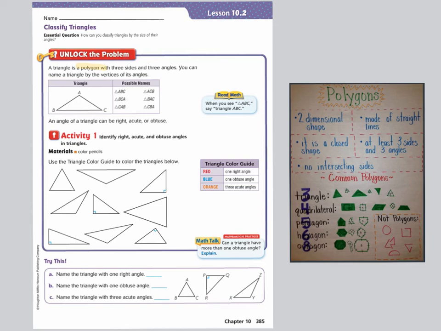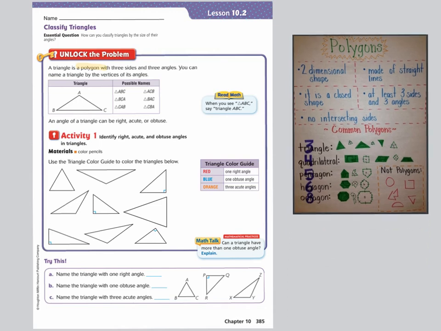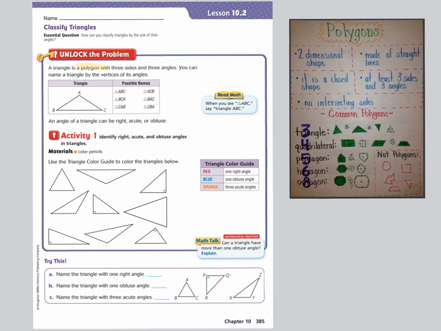I pulled this anchor chart because I thought it listed some good examples, and then it has a section of the non-polygons. More often than not, your two-dimensional shape will probably be a polygon. So all of your triangles, quadrilaterals, pentagons, hexagons, octagons, decagons, those will all be polygons.